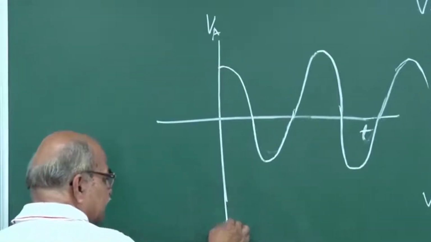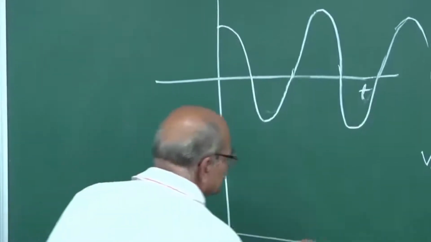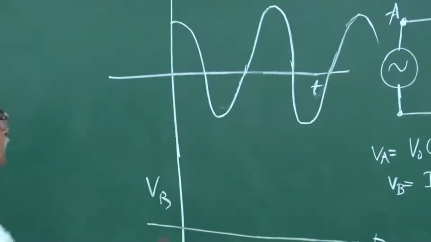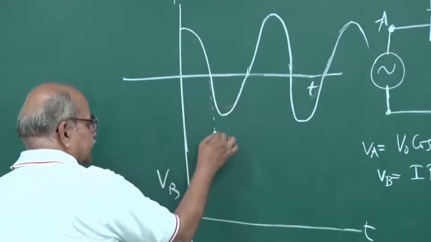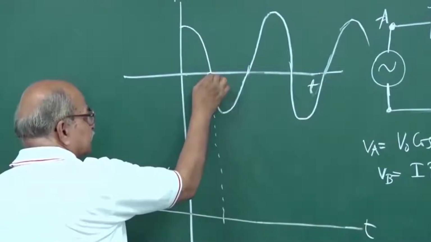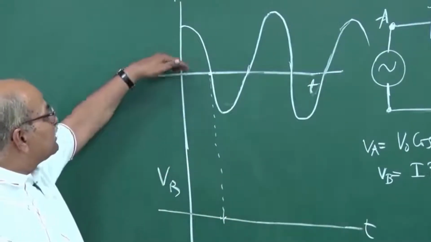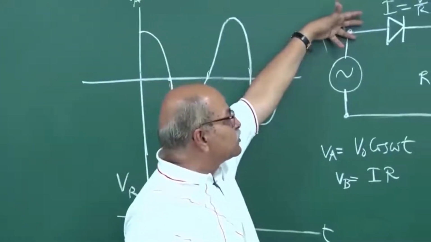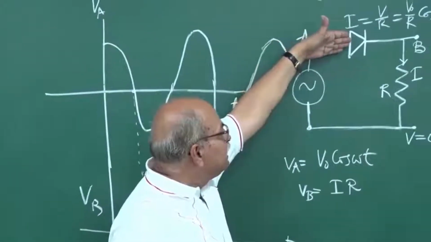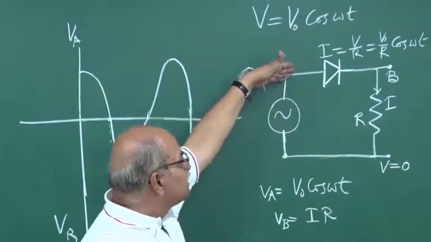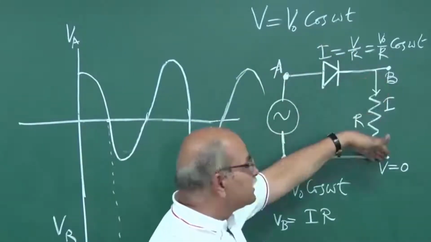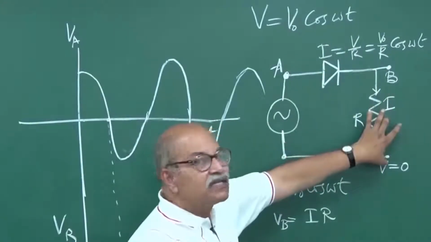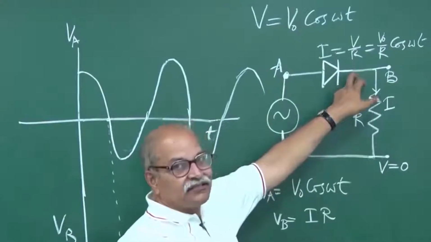Now with the same scale, if I draw VB as a function of time till this time, what is happening? VA is positive. Your P side is connected to a positive voltage, and the N side is connected to this 0 side. So higher potential here and lower potential here, this is forward biased.